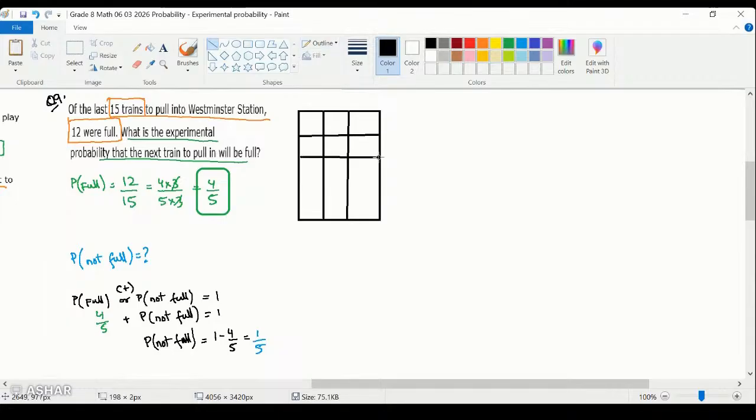We made 15 boxes over here, and let's suppose these 15 were different trains. How many were full trains? 1, 2, 3, 4, 5, 6, 7, 8, 9, 10, 11, 12. These were the trains which were full.